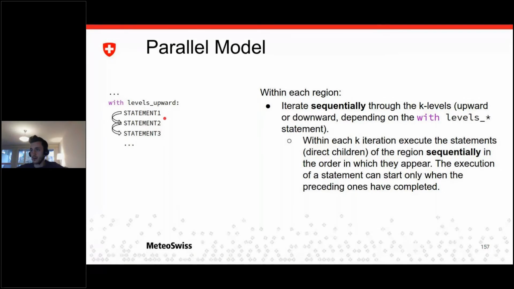And maybe the other remark is that sequential is really strict here, in the sense that you need to wait until the first statement is completely executed before you start executing the second. So again, this is a possible execution. This is a model of execution that leads to correct results. But then you will learn that we really don't do things this way because we apply optimizations and relax this, but we will see that in a bit.